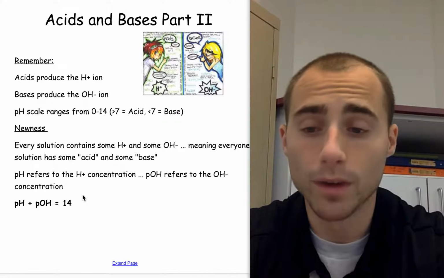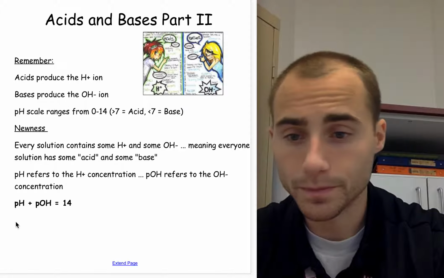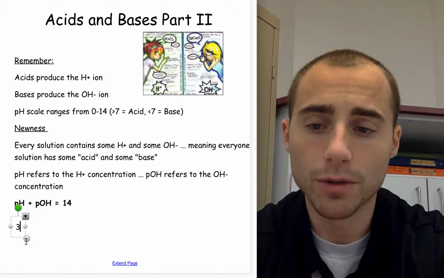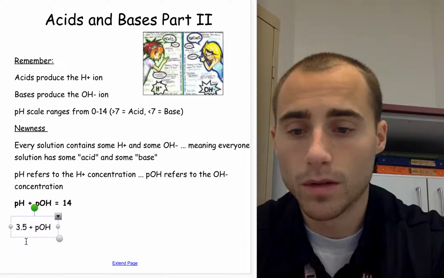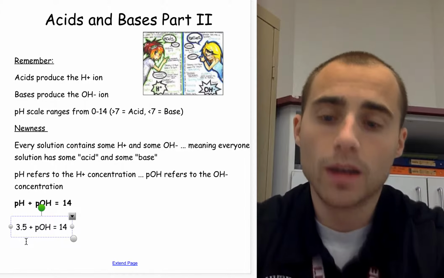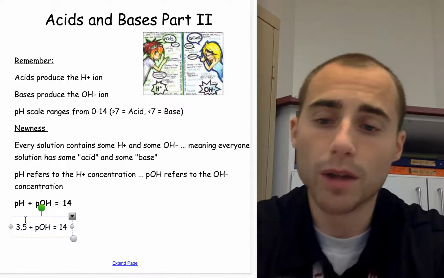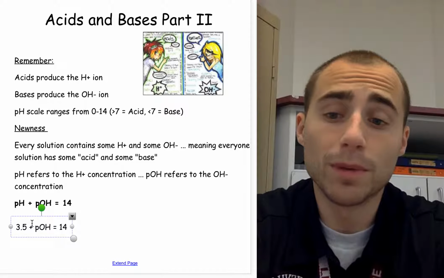For example, if we were looking at Coca-Cola, and we found that Coca-Cola had a pH of 3.5, so 3.5 plus pOH equals 14, and I wanted you to solve for the pOH. All you would do is plug in your numbers here. Coca-Cola has a pH of 3.5.